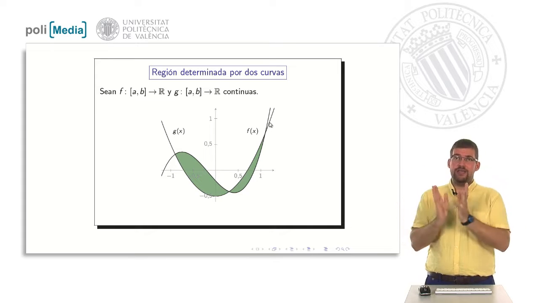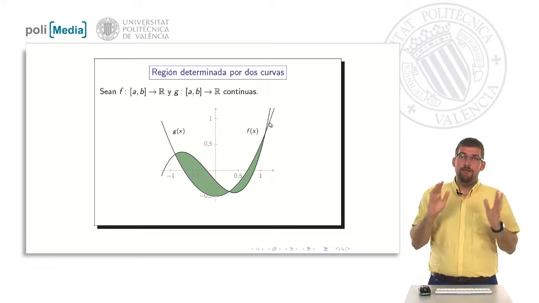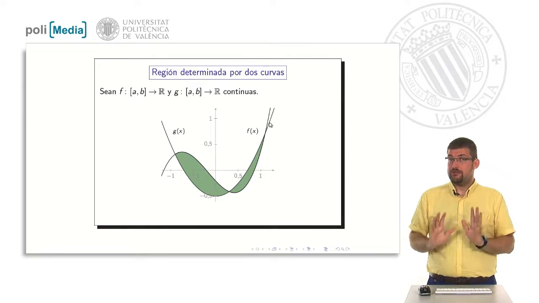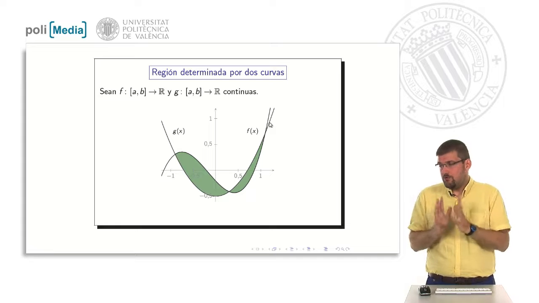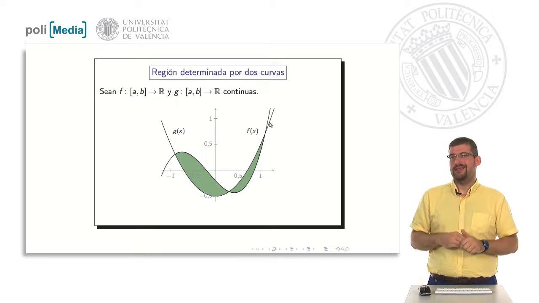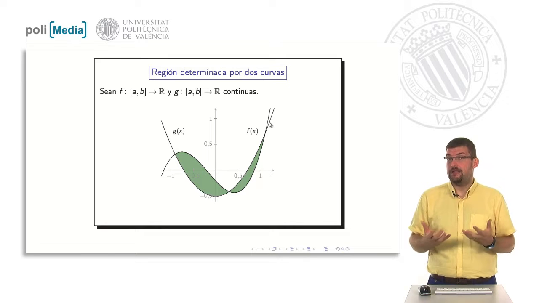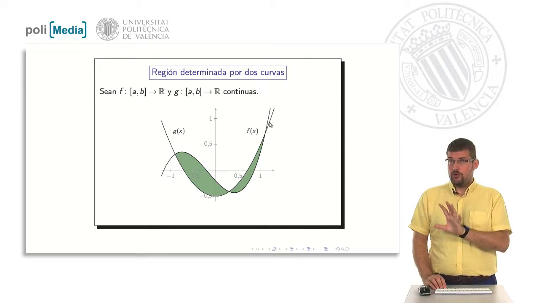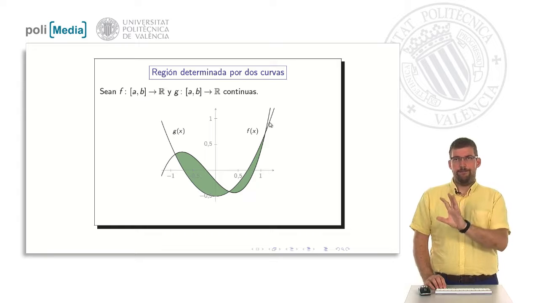We can see that to the right and to the left there would still be a given region, but that region is infinite. It is not bounded, and therefore we do not know for sure that this area is finite, that is, that it has a finite area. Sometimes that can happen, but not always, so we will focus on the bounded one for now.